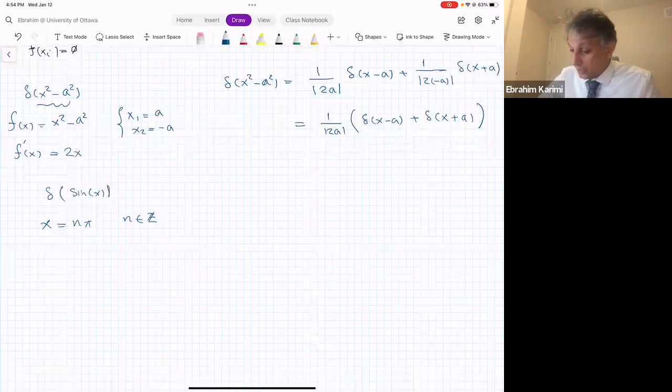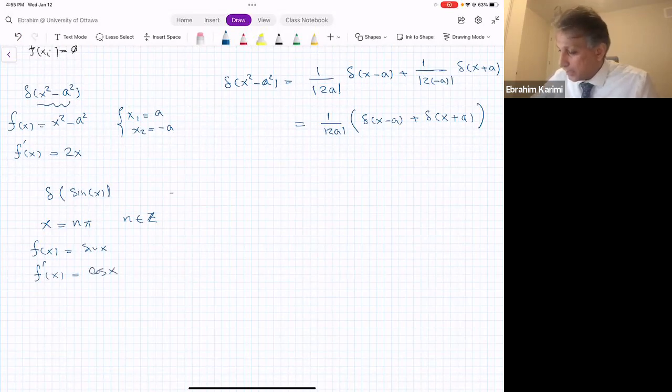Then what you have to do is take the derivative of f of x, which is sine of x. The derivative is equal to minus, sorry, my bad. I shouldn't make these sorts of mistakes. Cosine of x.